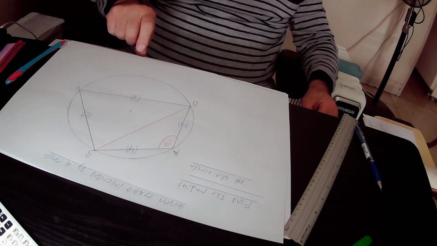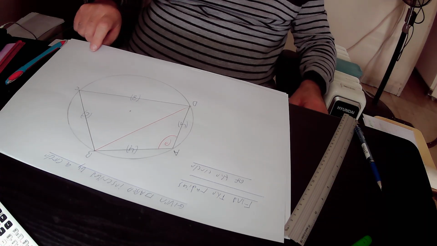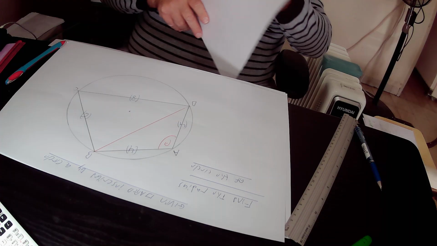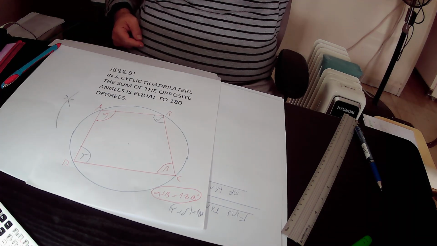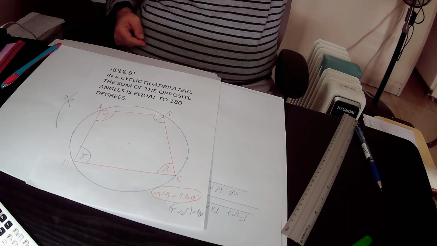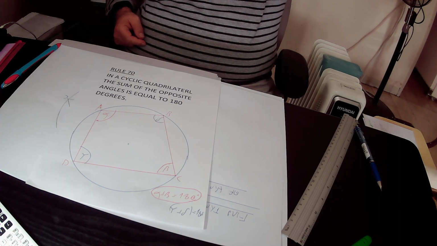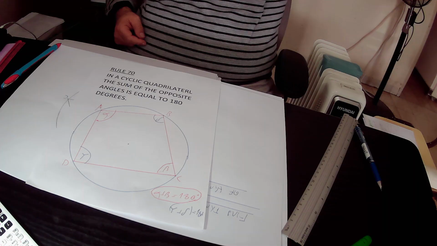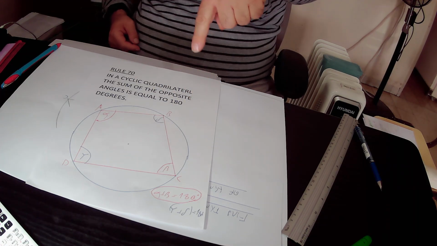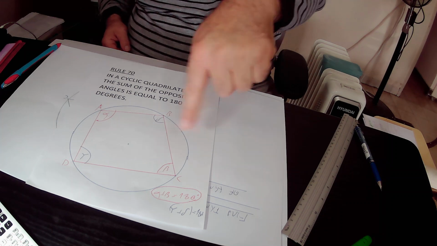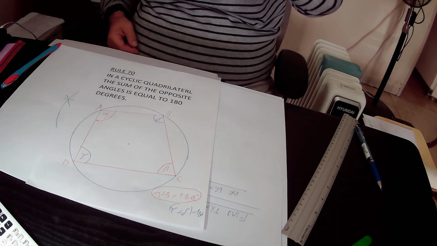So here we can implement rule 70 in our drawing. According to rule 70, in a cyclic quadrilateral, the sum of the opposite angles is equal to 180 degrees. So in the drawing, we have a circle. Inside this circle, we have quadrilateral ABCD that is described by this circle.